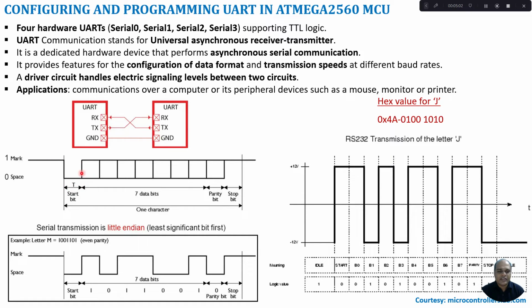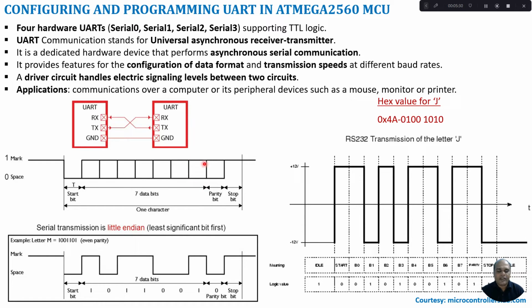So the start bit is indicated by a transition in the line from logic 1 to logic 0. Then come the data bits. The data bits can be varied from 5 bits to 9 bits. It is user configurable. Usually in the data bits, the first bit after your start bit will be the LSB, and finally your MSB will be transmitted.